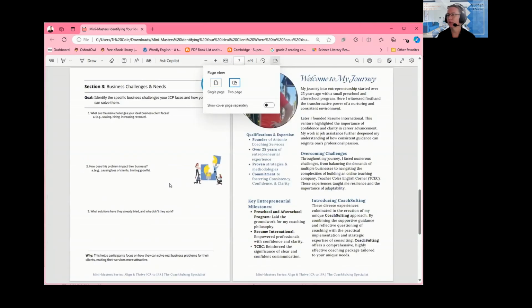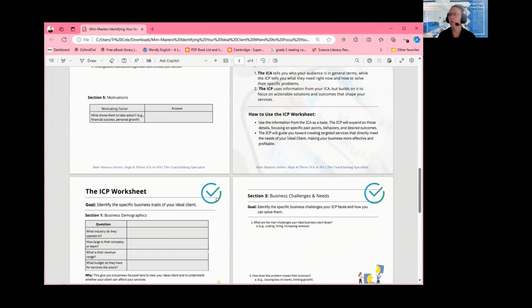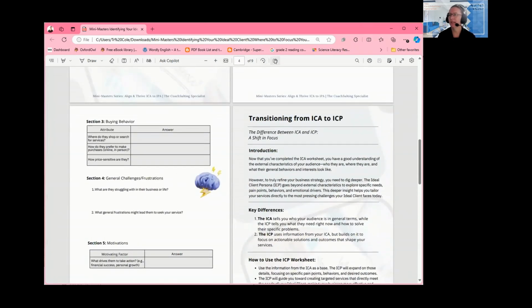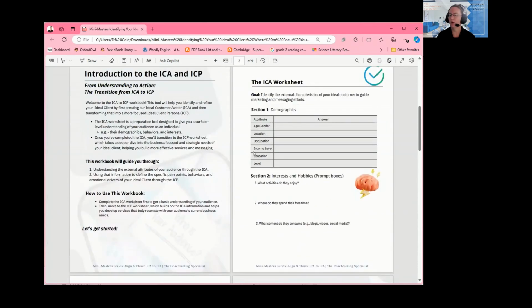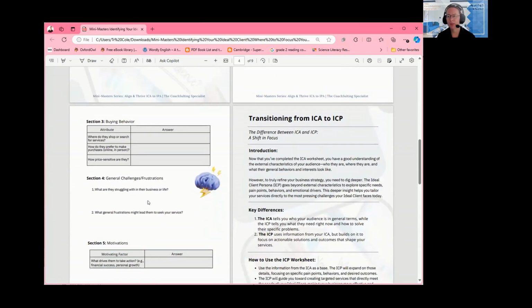I'll put it back up to 2 pages for you. All right, so this is the ICP. So as you can see, when we were working on the ICA, this was more personal. Age, location, income level, education level, interest in hobbies, buying behavior, maybe some personal challenges and frustrations, okay?